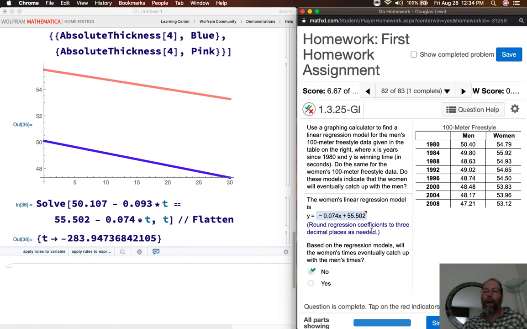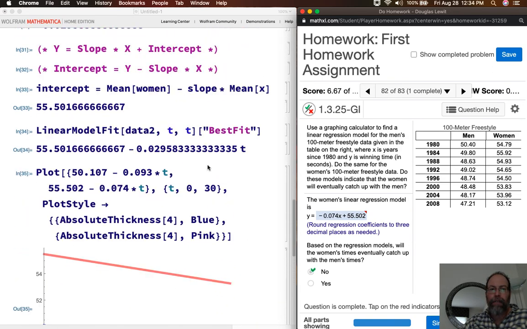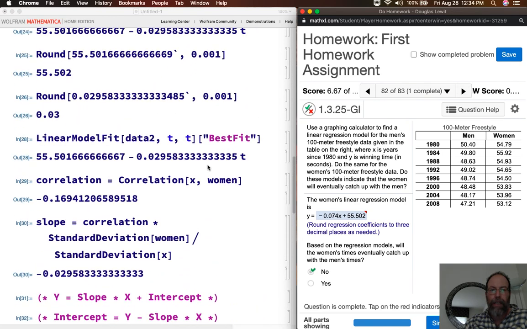Now, why Pearson and Mathematica didn't agree, let me see if I copied my numbers correctly.